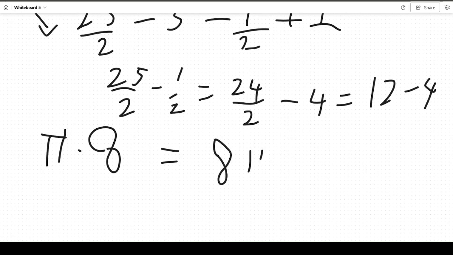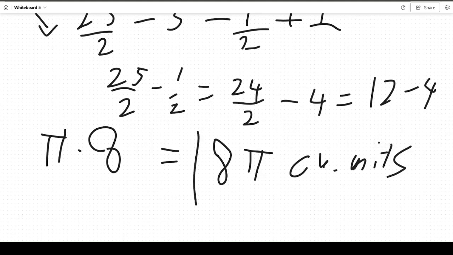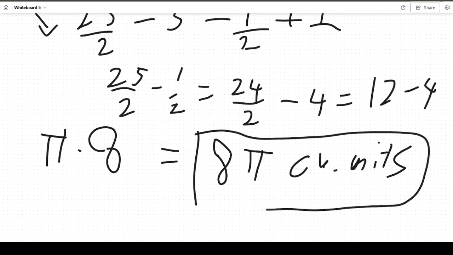Our final answer will be 8 pi cubic units. Since we are finding the volume, this will be cubic units.